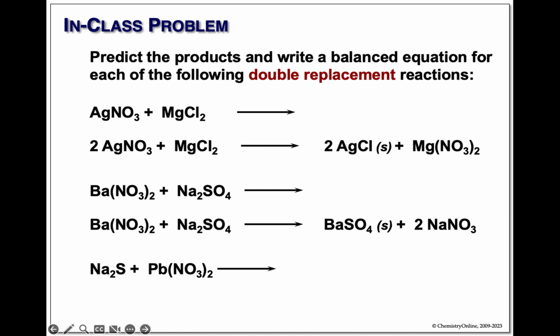Finally, remember, we said oxides, hydroxides, and sulfides are all going to be insoluble, unless Rule 1 took over. Here we have lead sulfide. That will be insoluble.